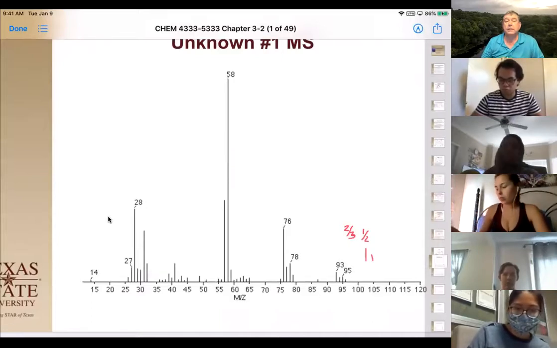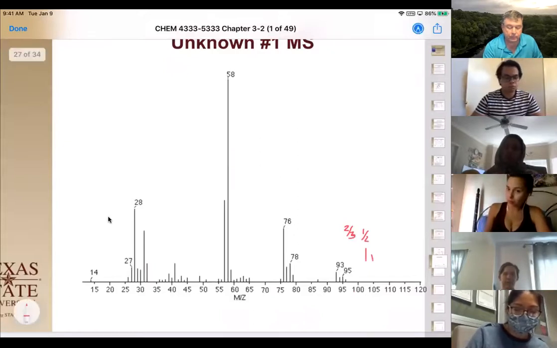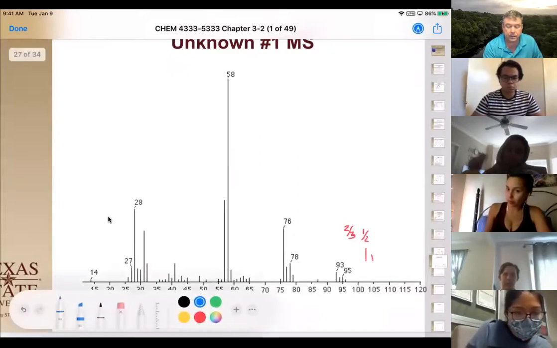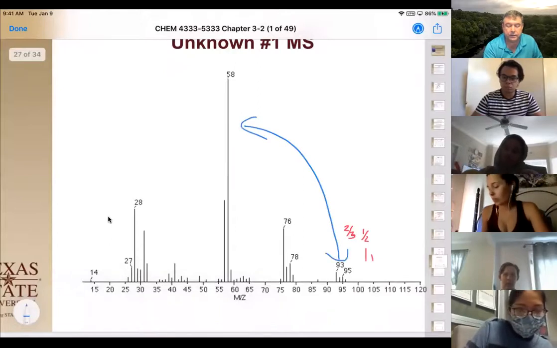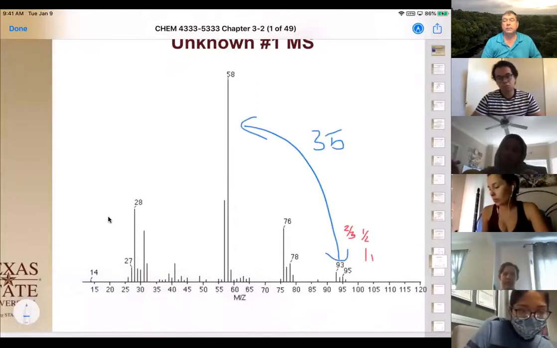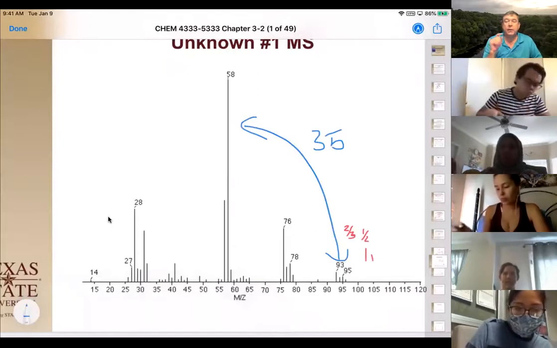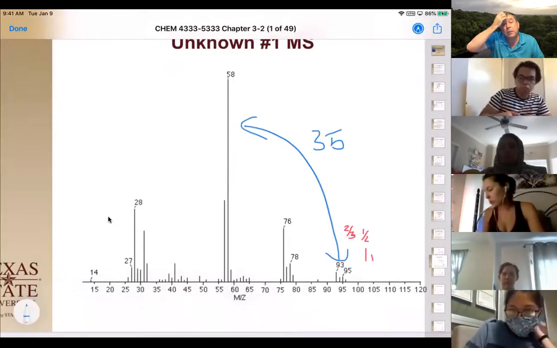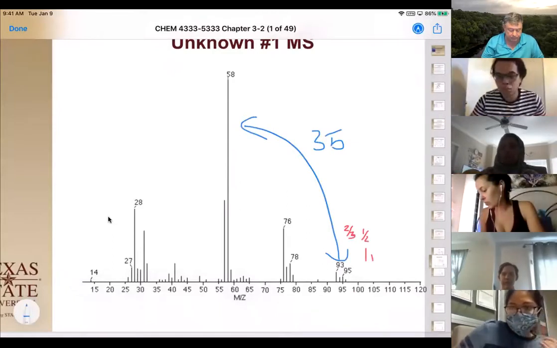Oh, that's interesting. This gap here is 35. That's pretty cool. So if we know we have a halogen on it, let's figure out what our empirical formula is based on this 58 peak.